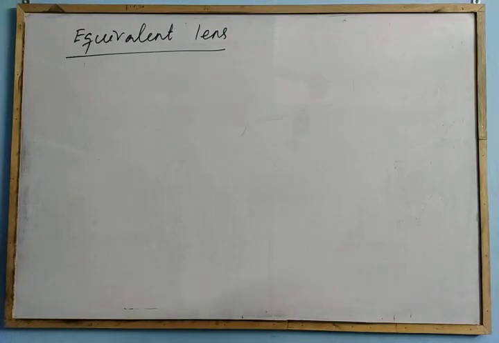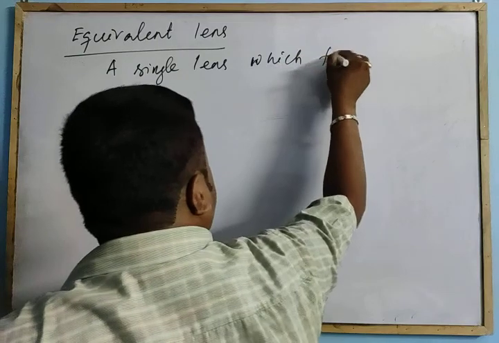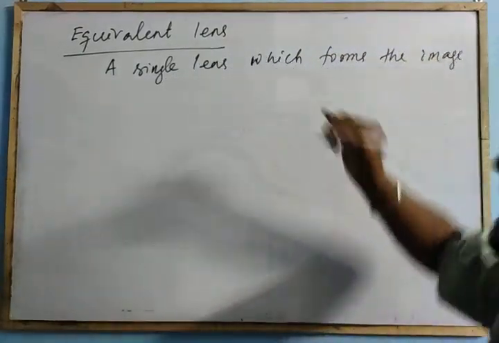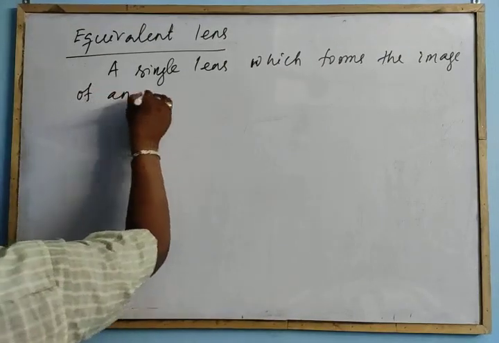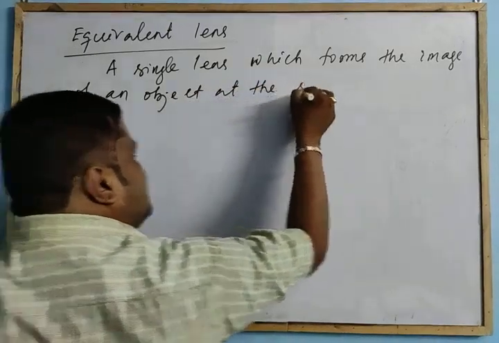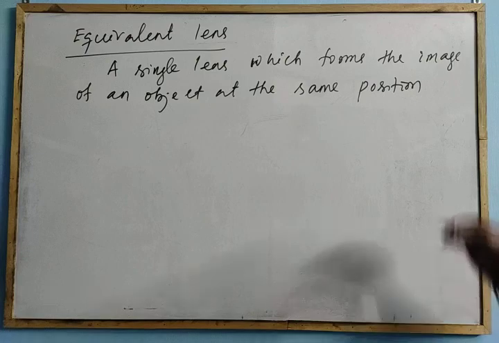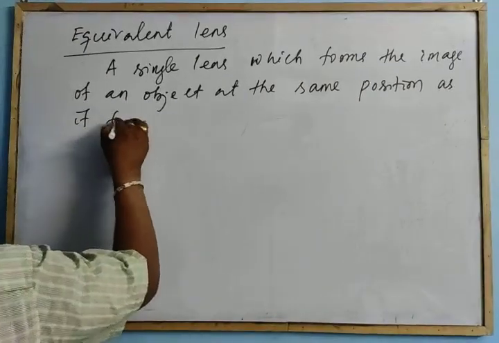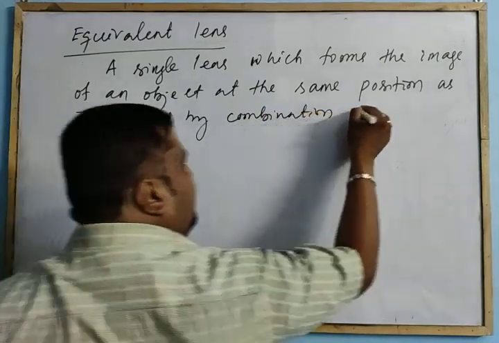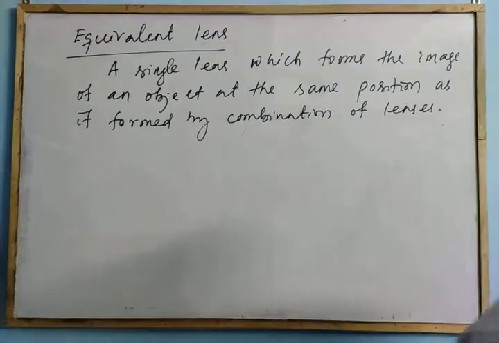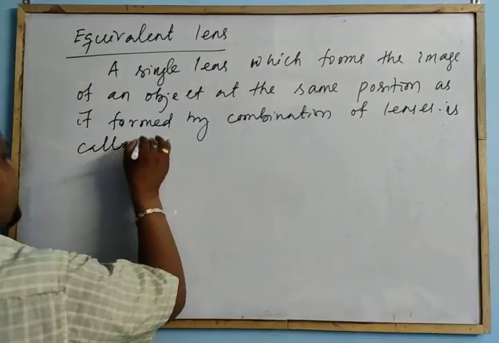So a single lens which forms the image of an object at the same position as if formed by the combination of lenses is called an equivalent lens.